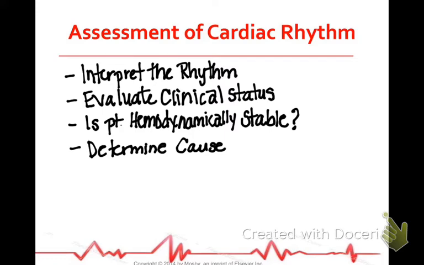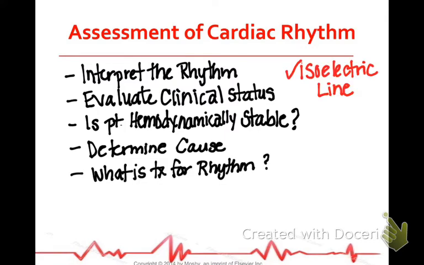You want to determine the cause, because a lot of what we do, we don't actually treat the underlying cause, but we take care of the underlying cause, right? So we're looking all the time for the underlying cause of the problems. What is the treatment for this rhythm? These are the things you need to think about when you're looking at a cardiac rhythm.